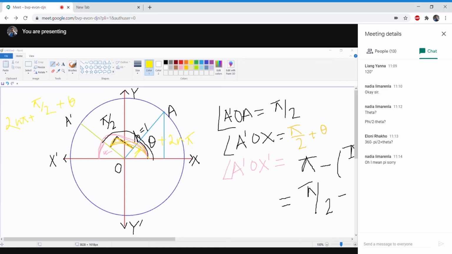Now we'll come to another diagram. Very important thing.